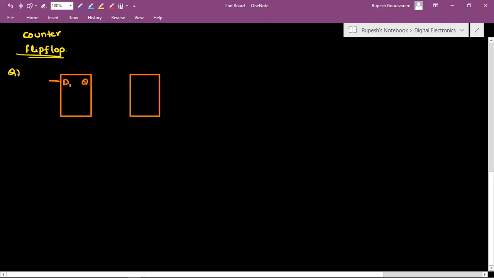There is an output Q1 here. Similarly, there is an input D0 and output Q0. So Q1 bar, this is Q0 bar, and this is connected to the clocks like this.